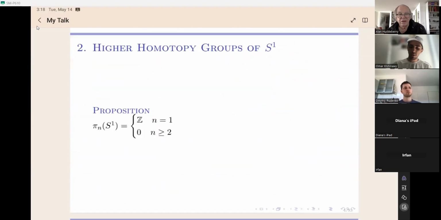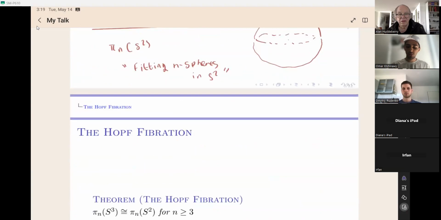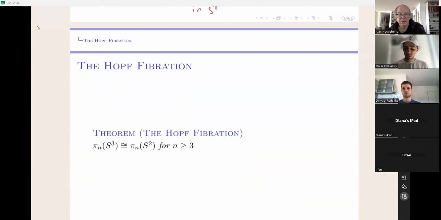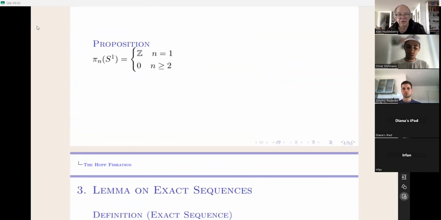So if we go back here, I have the big theorem. I call it the big theorem because it's the theorem that you use to prove all the big results. And this is precisely the theorem that fibrations induce the long exact sequence of homotopy groups.